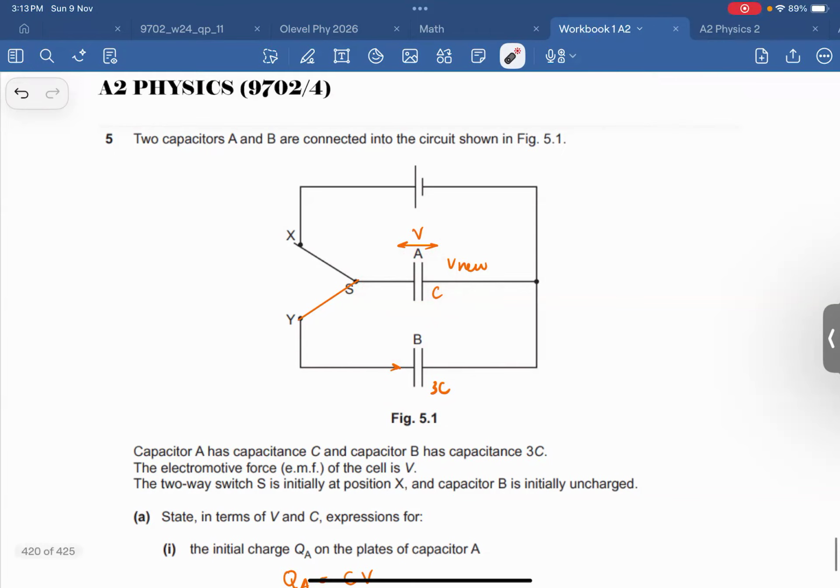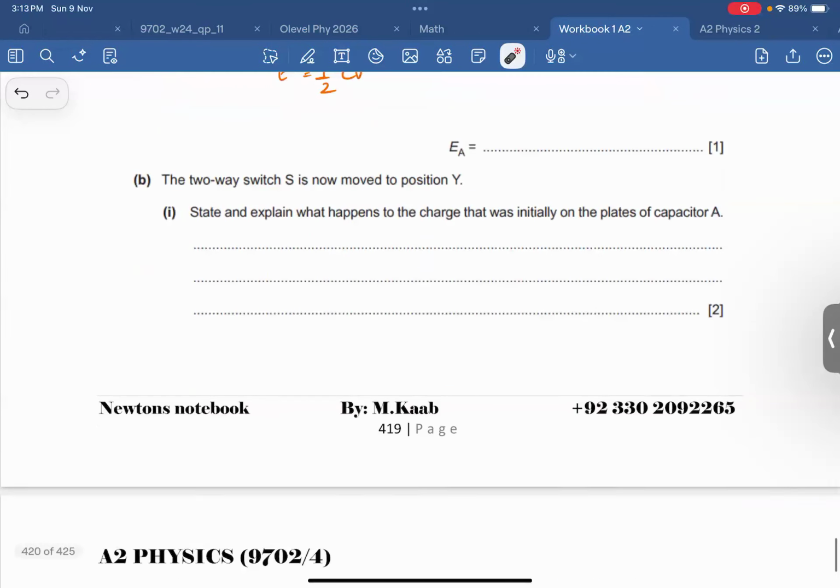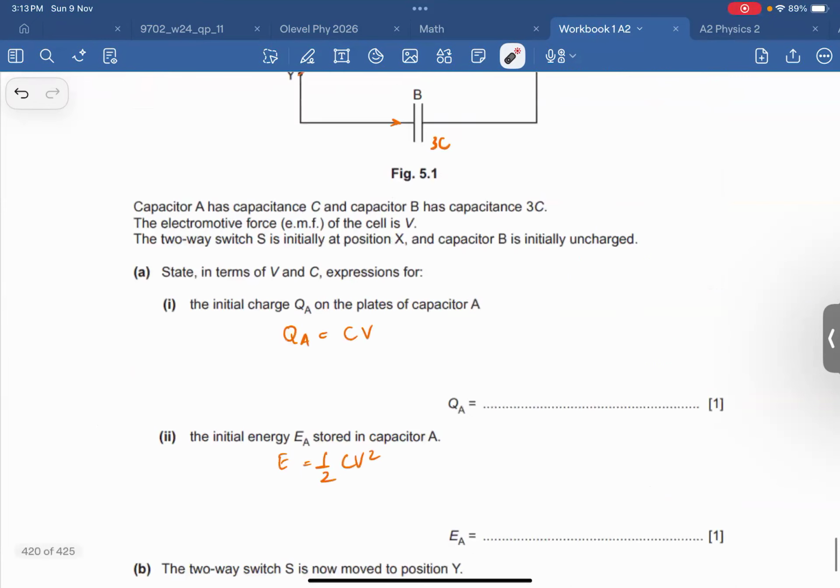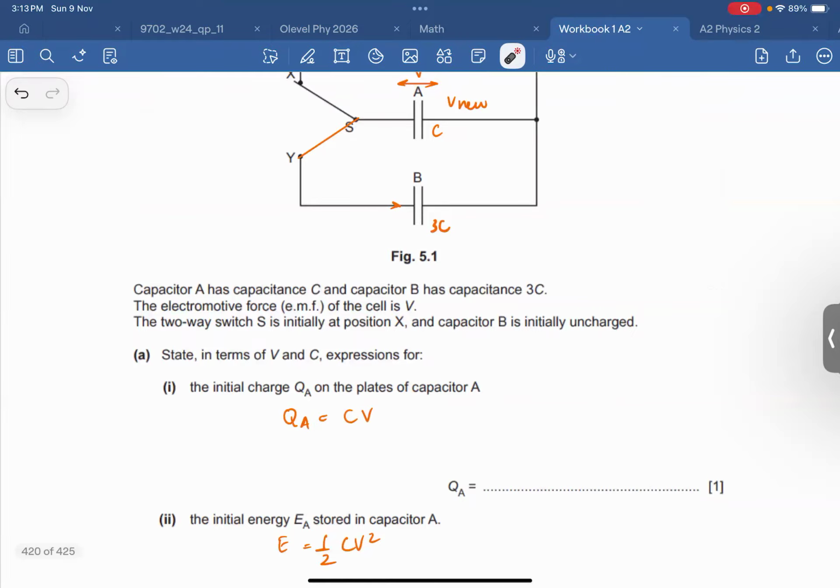So let's try to solve. Explain what happened to the charge that was initially on A. So the charge will start flowing from A to B until the potential difference of A and the potential difference of B become equal.